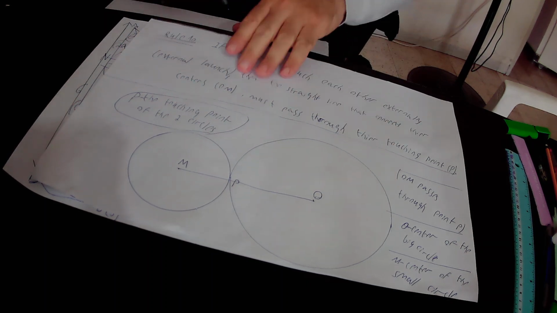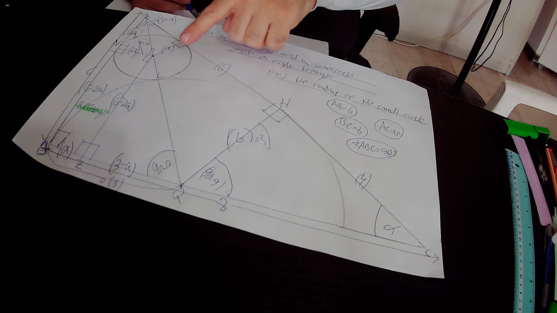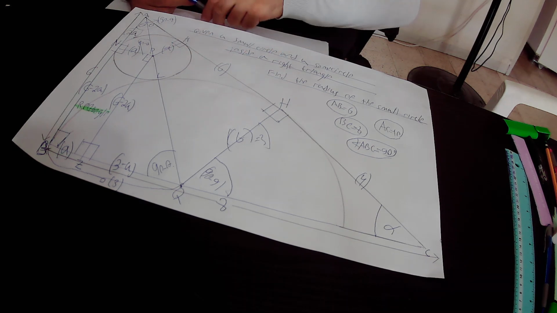So we can actually implement rule 10 in our drawing. Why? Because in our drawing we have an external notch between this small circle and this big semicircle. That is to say, they are touching each other externally at point L. Therefore, we can implement rule 10 here.